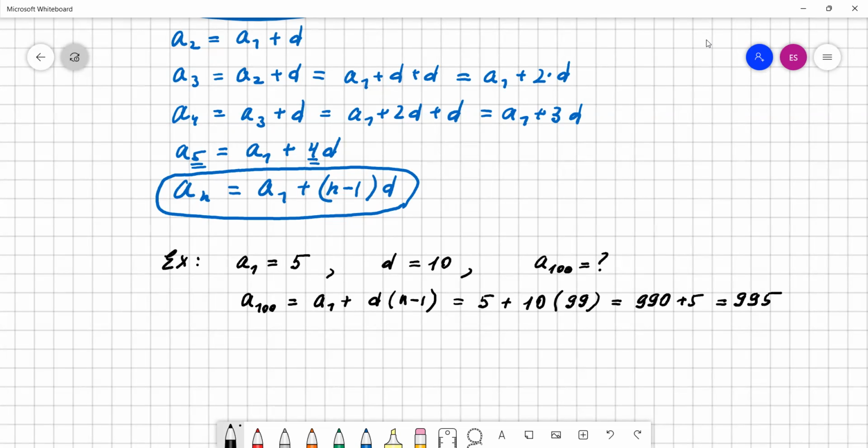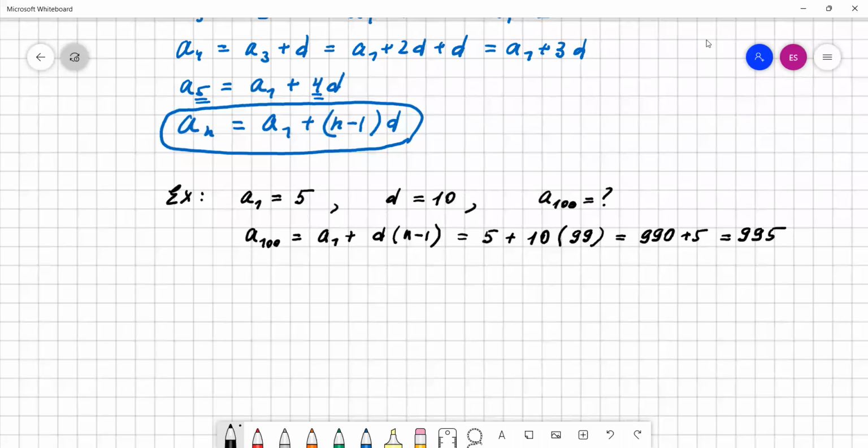Very good. So we do know how to calculate terms. Next question. What if somebody gives us some terms, but doesn't really give us the first term and the common difference? Can we figure them out? Yeah.